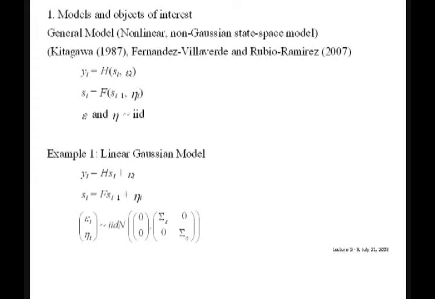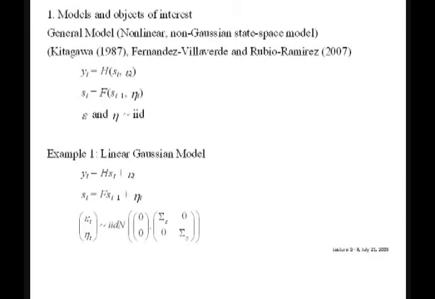So here's sort of a general way to write down the model that we're going to be interested in. So it's in general nonlinear. It's got shocks and variables in it that are non-Gaussian.